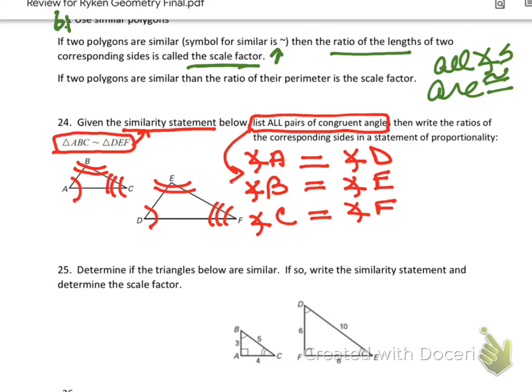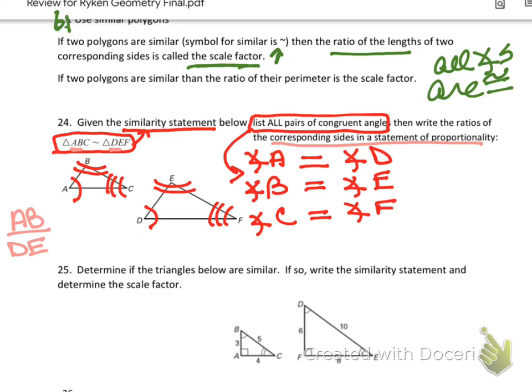Now I'm going to change color, and let's list the corresponding sides. The side between the single and the double angle for the first triangle is AB. That's going to be proportional to DE. So you write AB over DE.